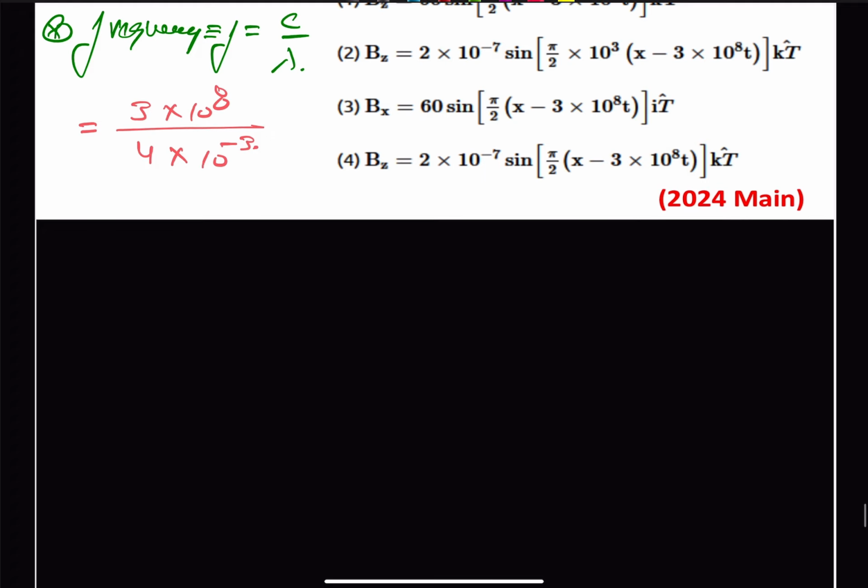This gives us that the frequency is equal to 75 × 10^9 hertz. And we can convert it easily into angular frequency, which is 2πf.